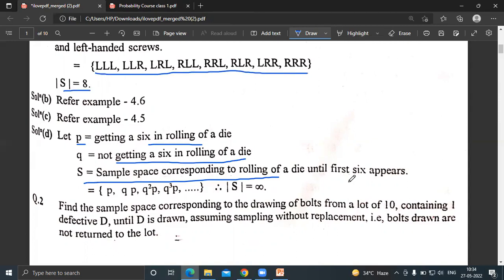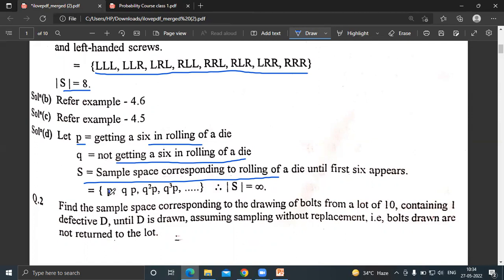But we have taken P as getting a 6 in rolling of a die, and Q as not getting a 6. If we roll a die one time and we get 6, then we stop there.